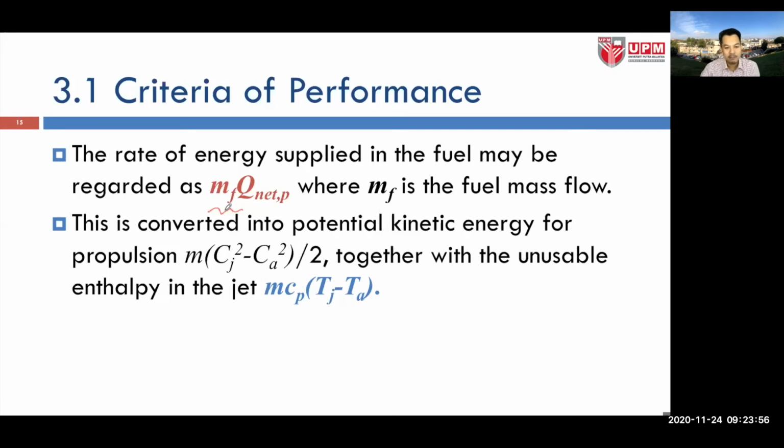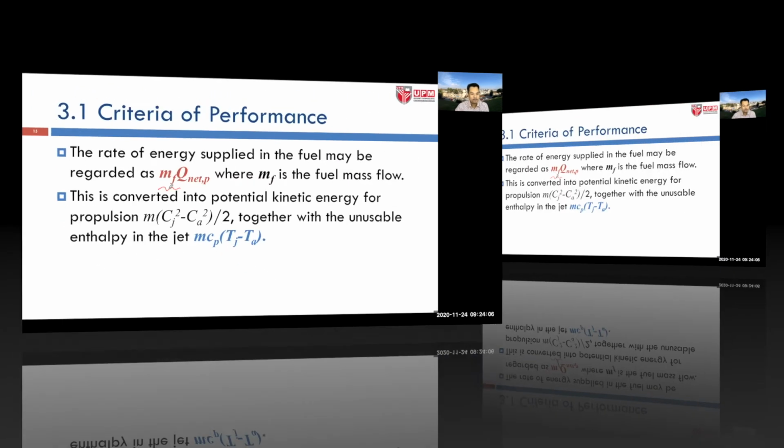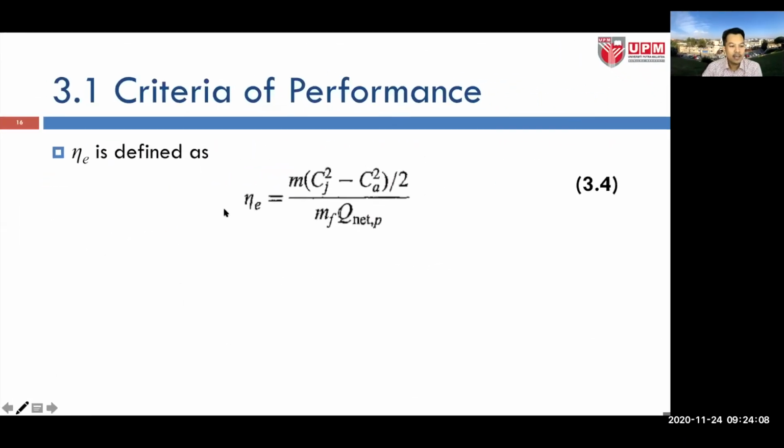We have the same expression for the kinetic energy for propulsion together with unusable enthalpy in the jet, which is expressed there, and where the energy efficiency is defined as this expression 3.4. So we have the component of the fuel, the mass flow of the fuel, the amount of heat being transferred, and the element of the kinetic energy.